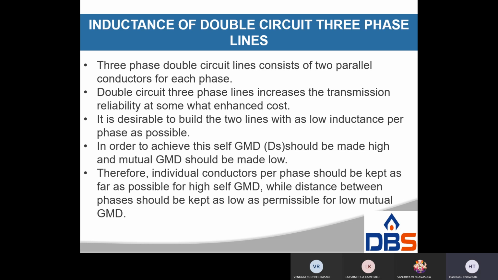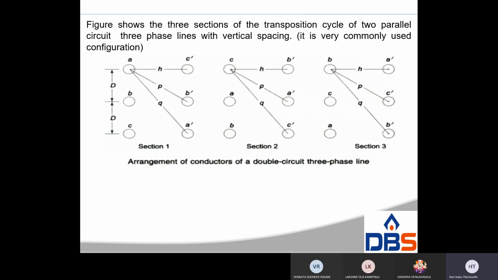Self GMD of the conductor R dash is equal to 0.7788 R. And self GMD for A dash conductor. Look at the picture. A dash conductor self GMD, and self GMD of AB dash, self GMD of AC dash, and AB, AC. Like that you have to determine the total.